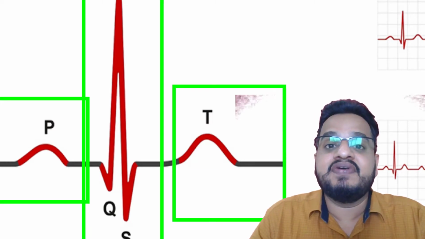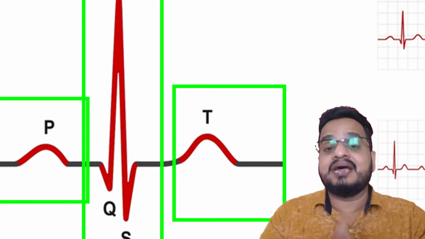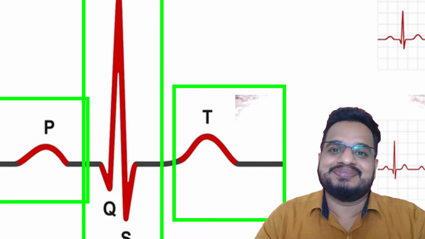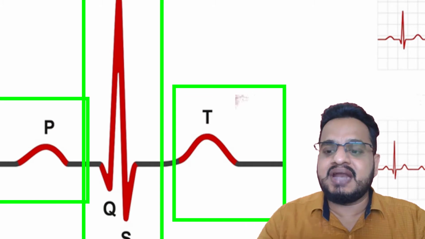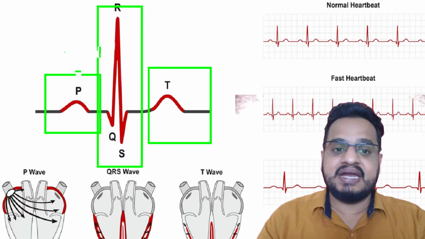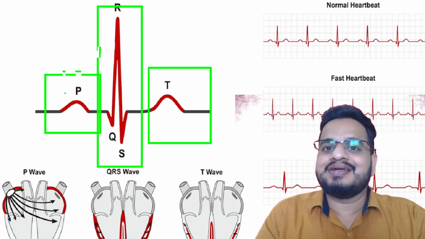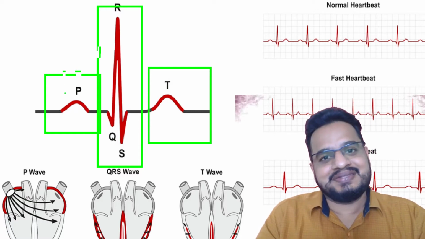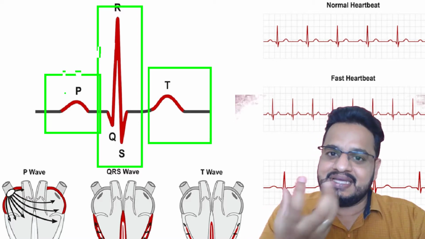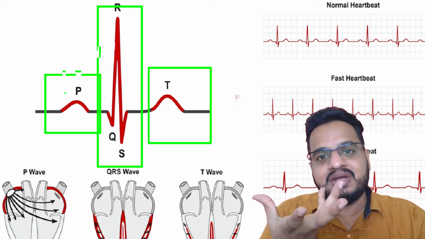This T wave refers to the ventricular relaxation. So this is the perfect graph of P, Q, R, S and T. P is your atrial contraction, QRS is your ventricular contraction, and T is your ventricular relaxation.